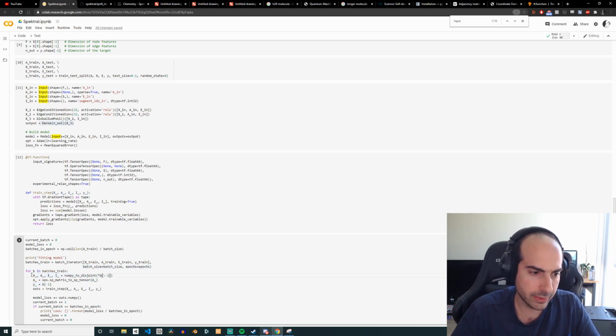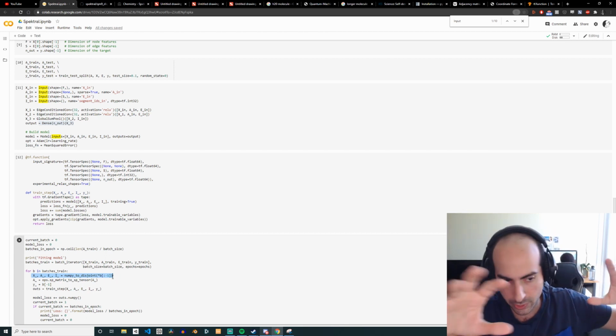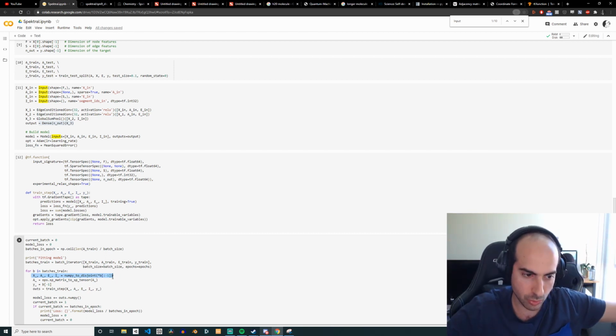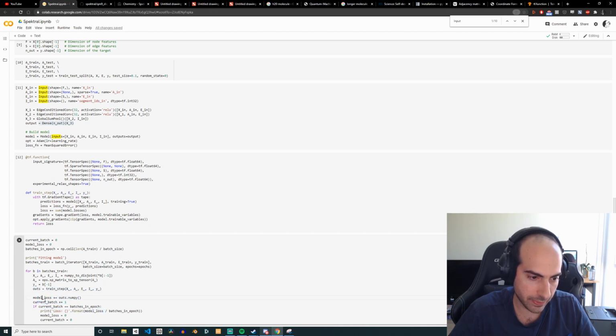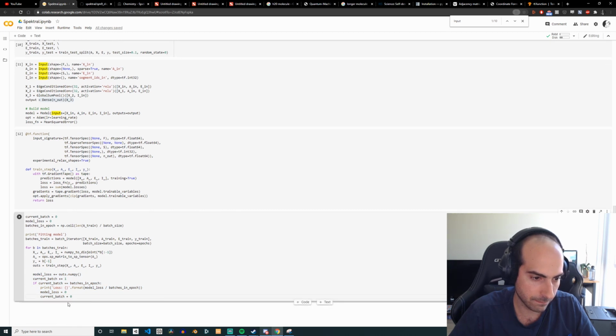You turn your data to this disjoint format such that you can take all of your disjoint graphs and add them to this one giant sparse graph. And then you do a single training step. Once this training step is done, you record the loss, and then you add it to your batch, and at the very end, you report the last loss that you get.